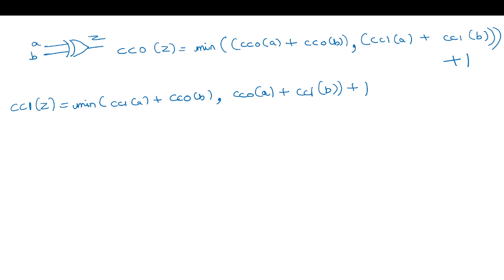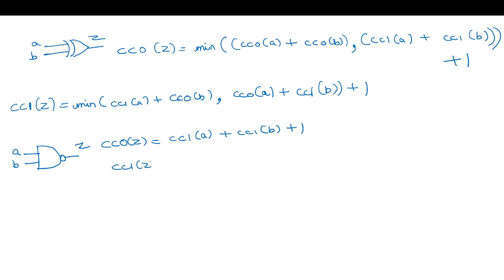And a few more basic gates, if we define the combinational controllability in a similar way. For the NAND gate, CC0 of the output: NAND output will be 0 when both are 1, so we have to set both to 1.